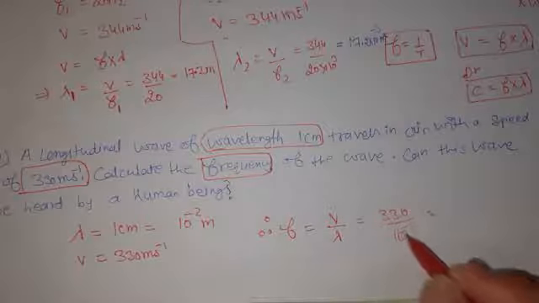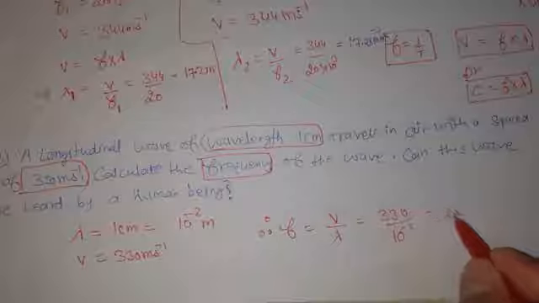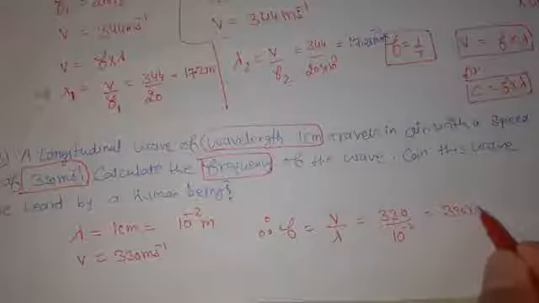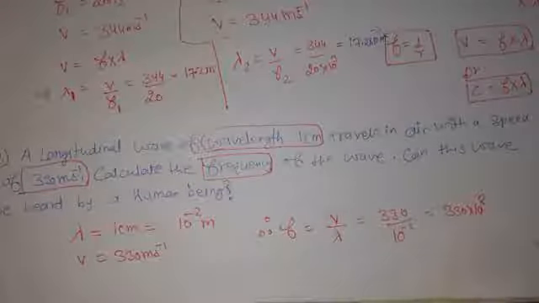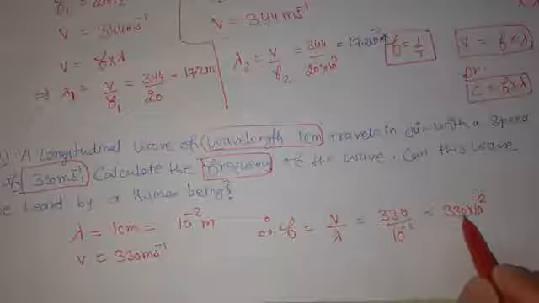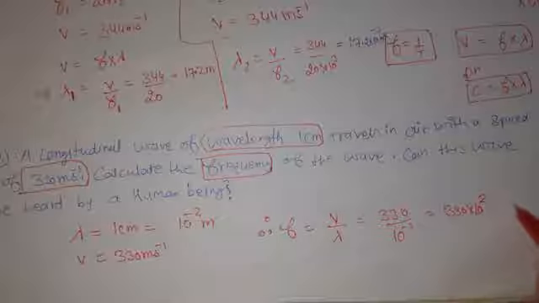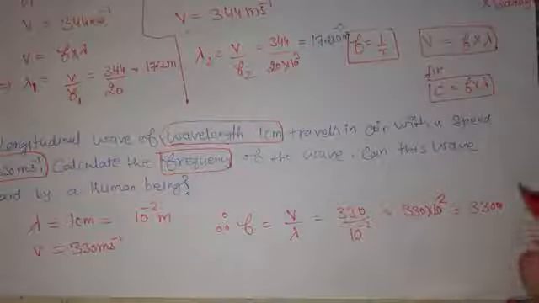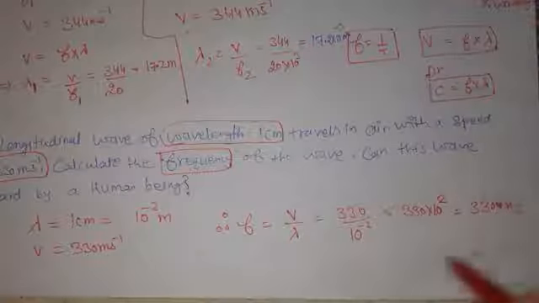If we take the denominator to the numerator, the power becomes plus, so it is 330 times 10 to the power 2. Two zeros here and one zero in 330 give three zeros.